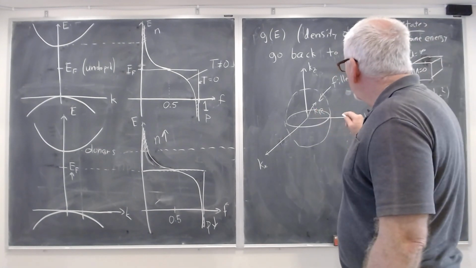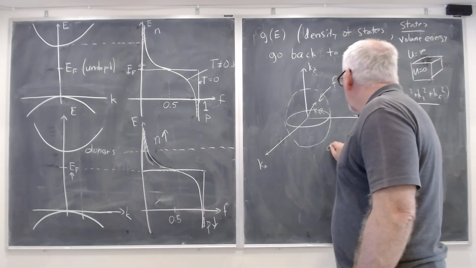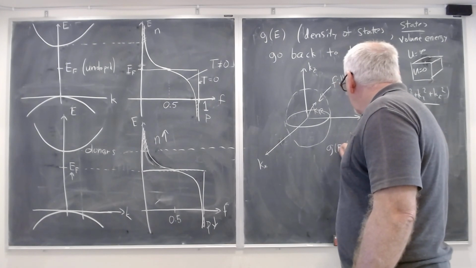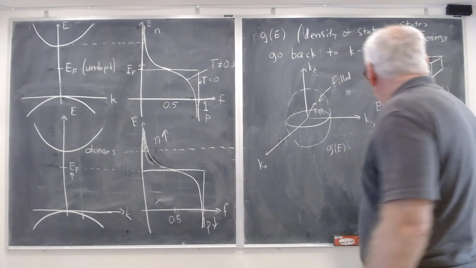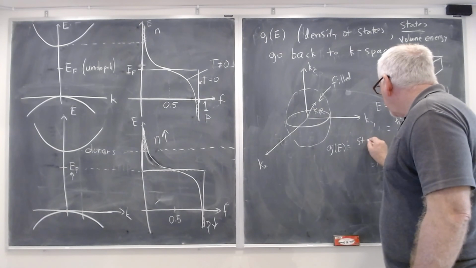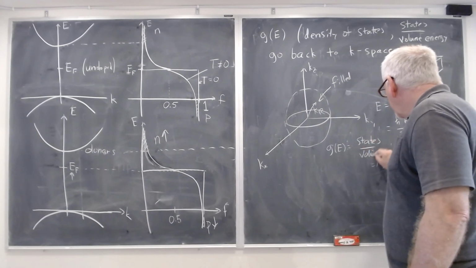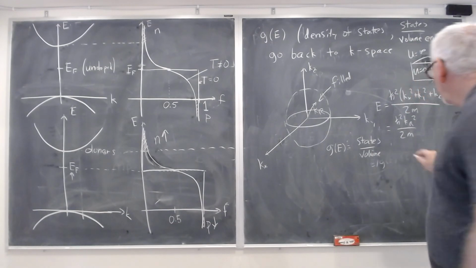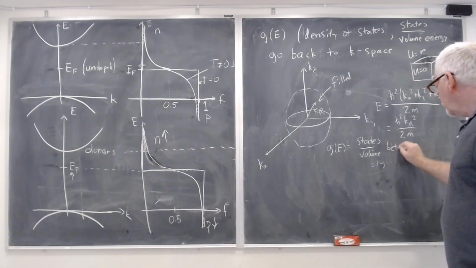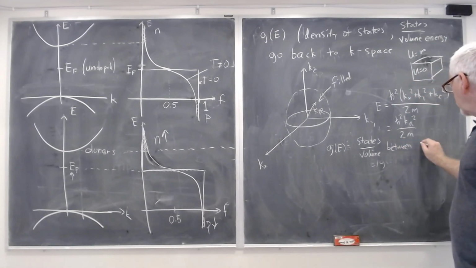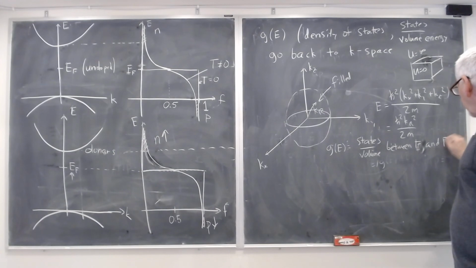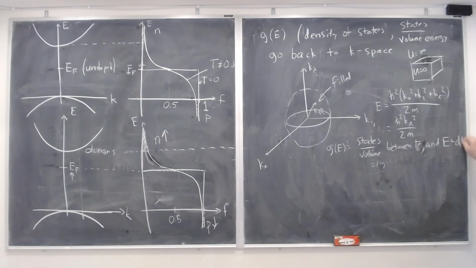And G is the states per unit volume between E and E plus dE.